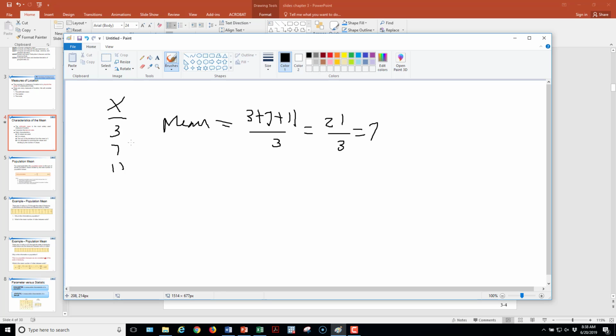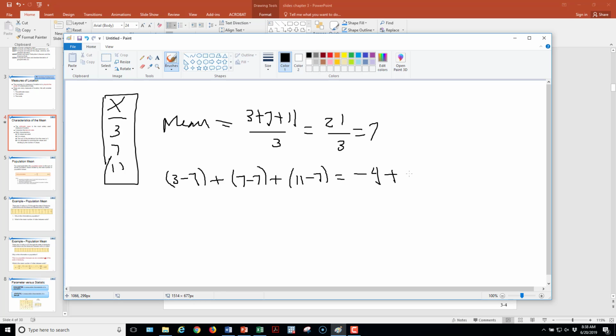If you take each value from the variable x and you subtract the mean, so you take 3 minus 7, and add the next number minus, again, the mean, 7, and then add the final, 11 minus 7, then you get minus 4 plus 0 plus 4, and that is equal to 0.